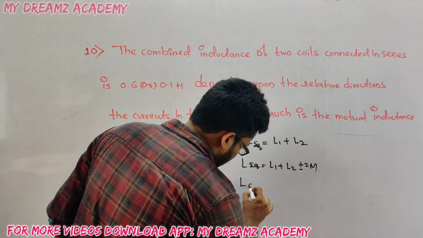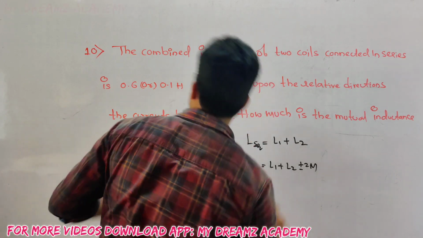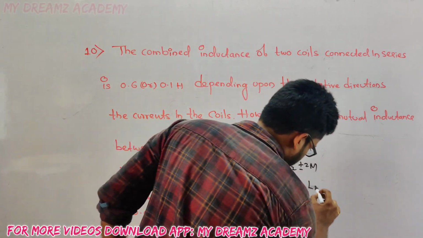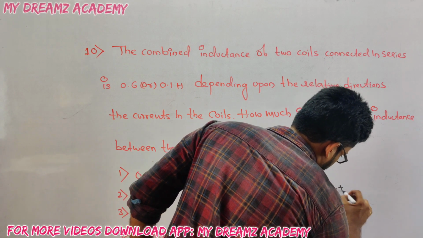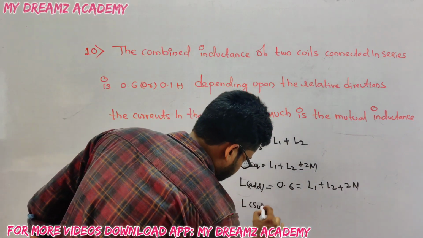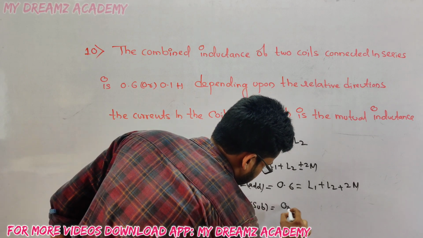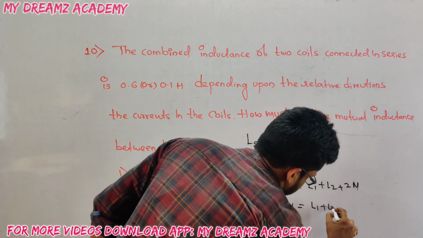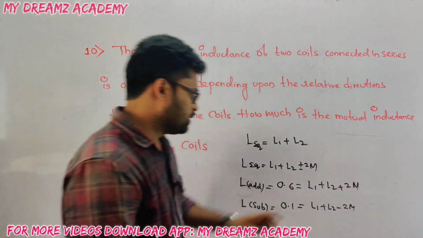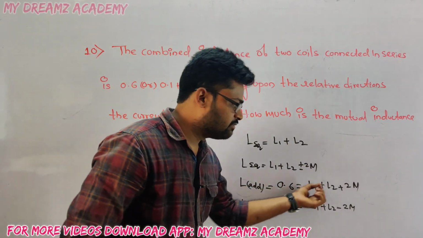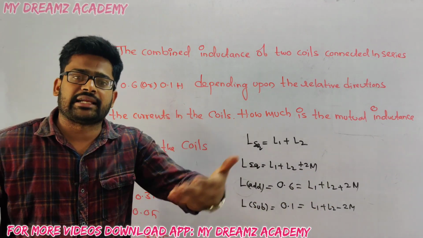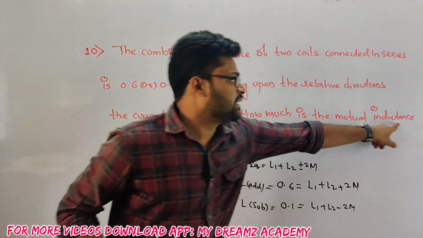So L mutually additive gives 0.6, that is L1 plus L2 plus 2M. Next, L subtractive is 0.1, which is equal to L1 plus L2 minus 2M. If I add these two, I will get L1 plus L2, but we don't want L1 and L2, we need to calculate mutual inductance.